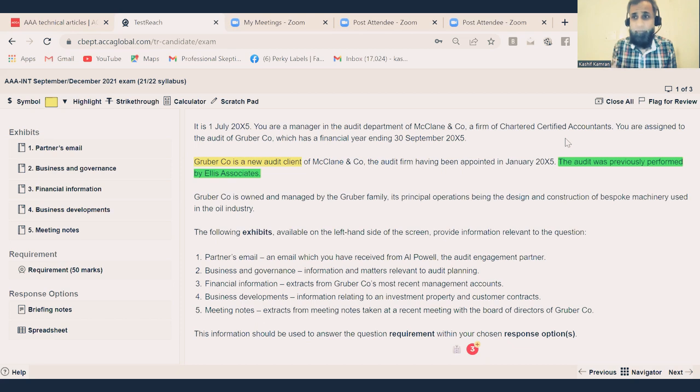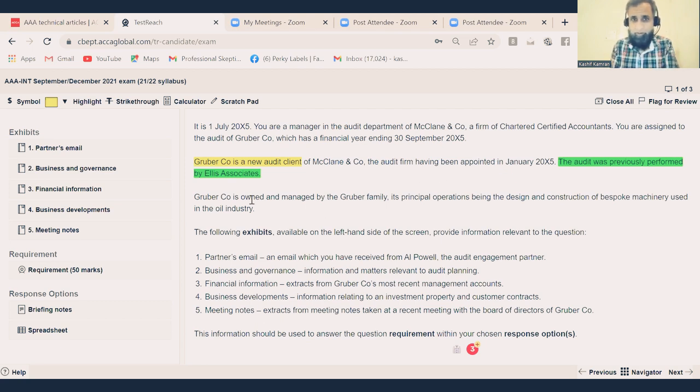I believe you know that the previous auditor is important, because the previous auditor can tell you lots of issues, weaknesses, risk pertaining to the last year audit, which can help you plan this year audit. So the previous auditor is a source which can be used when you are planning the first year audit.